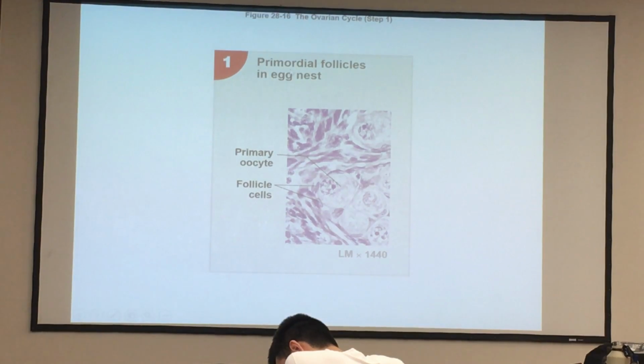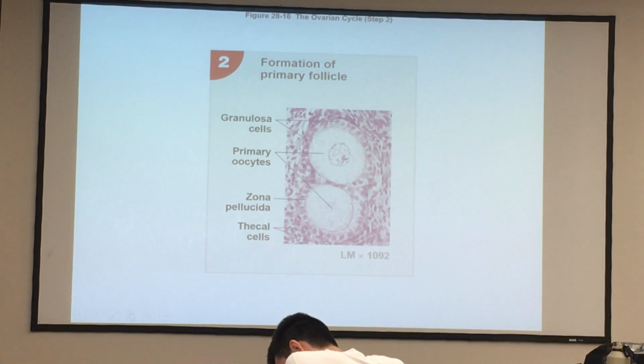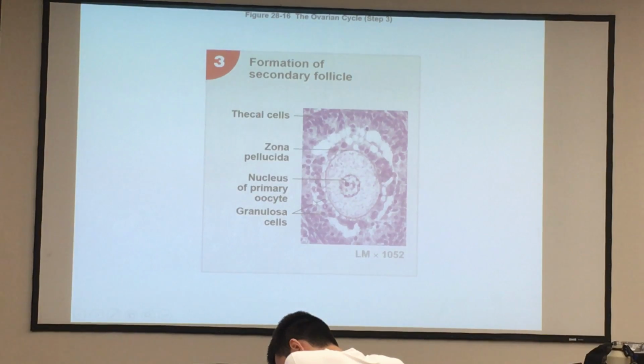Just to show you, primordial follicle is a small one like a stem cell, and then they form granulosa cell surrounding it. The primary oocyte is a solid one, and then they produce theca cell outside of the granulosa cell. Then the follicle is not formed yet.